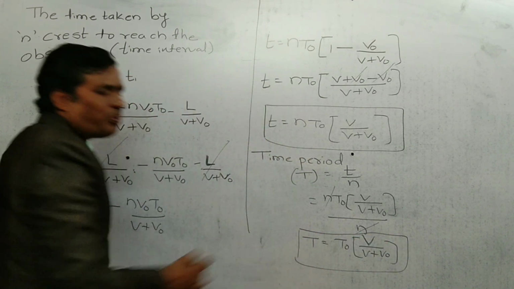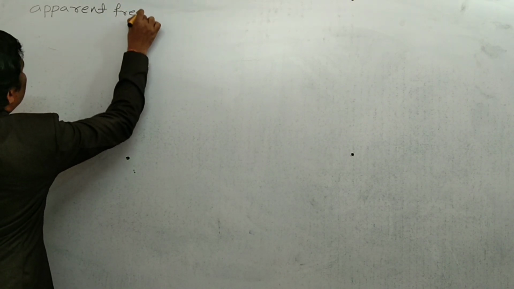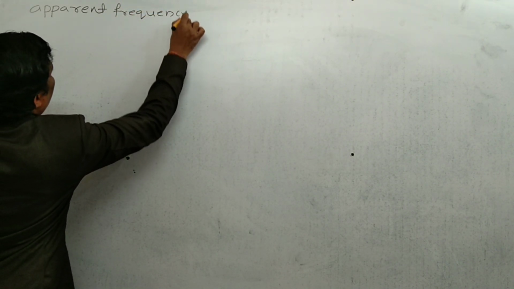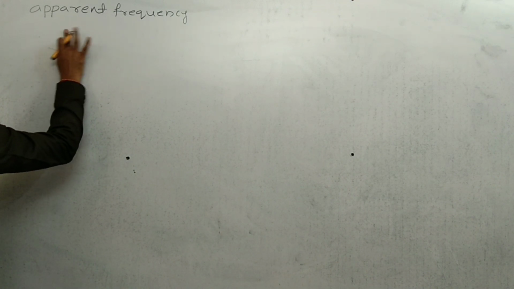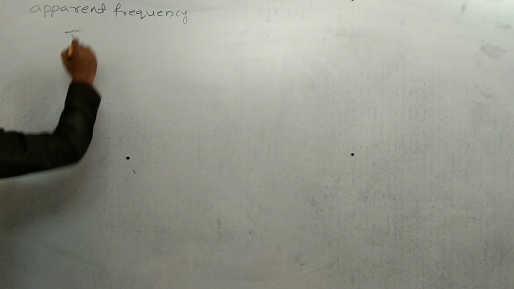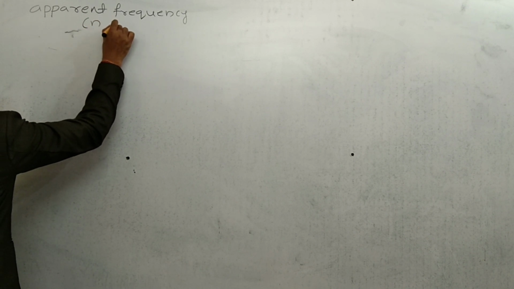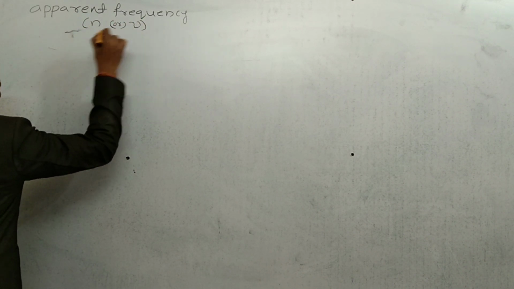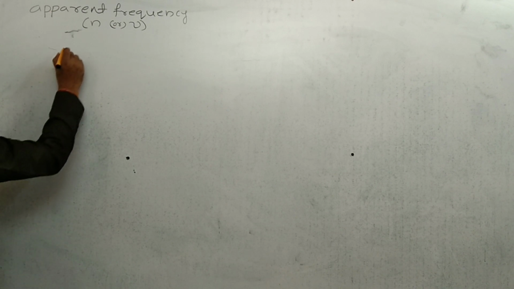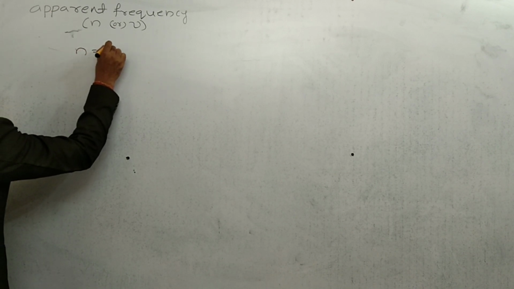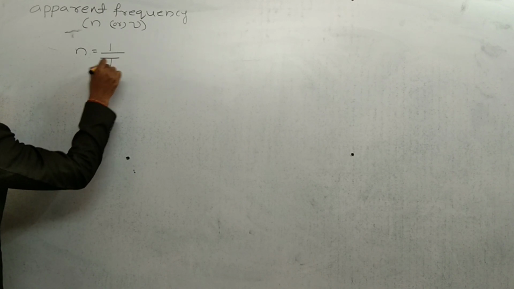Then we can find the apparent frequency. Frequency, you can use the notation n or nu. Both are frequency notations only. n equals the reciprocal of the time period.